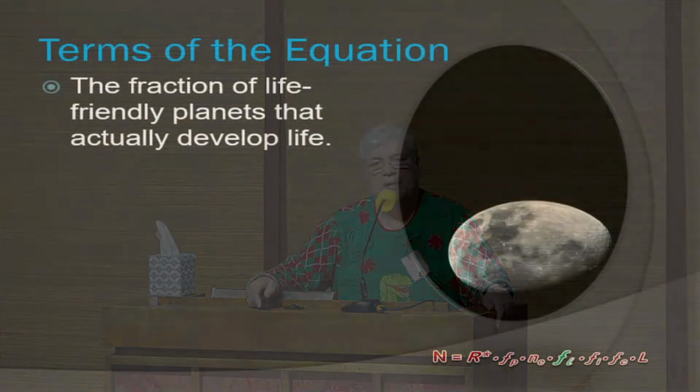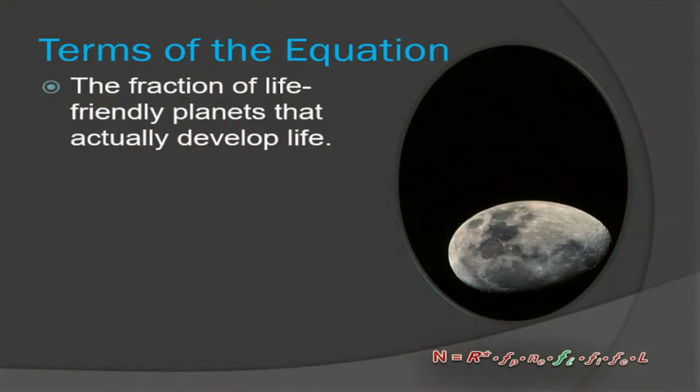All right. The fraction of life-friendly planets that actually develop life. Well, we've got a good data point for that, and that is Earth. So one of the interesting things about Earth is that when looking at fossil evidence for life in chemical signatures and physical fossils in rocks on our planet, scientists have concluded that life developed within a few 100 million years of the Earth coalescing from the gas and dust debris from which our solar system was born.